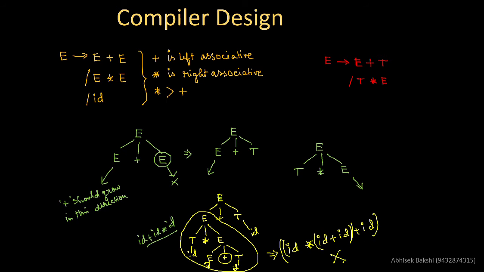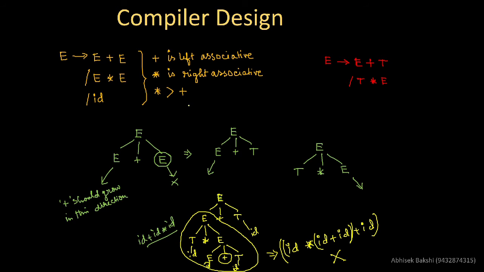This is totally wrong, because if we have a star, it has the highest precedence. That means this straightforward introduction of a new variable on the left or right solves the problem of ambiguity because of associativity, but it is not solving the problem of precedence.